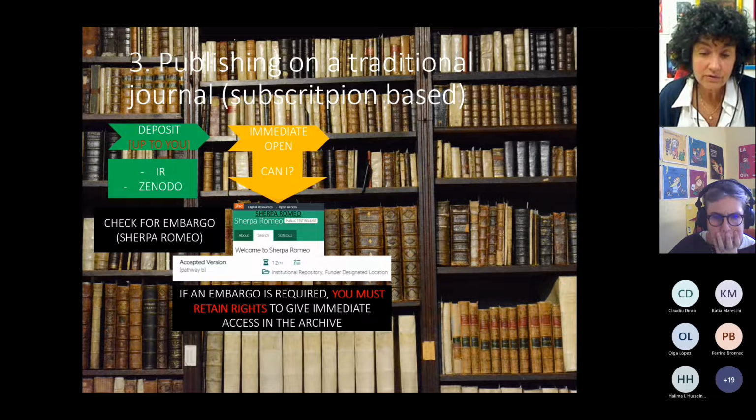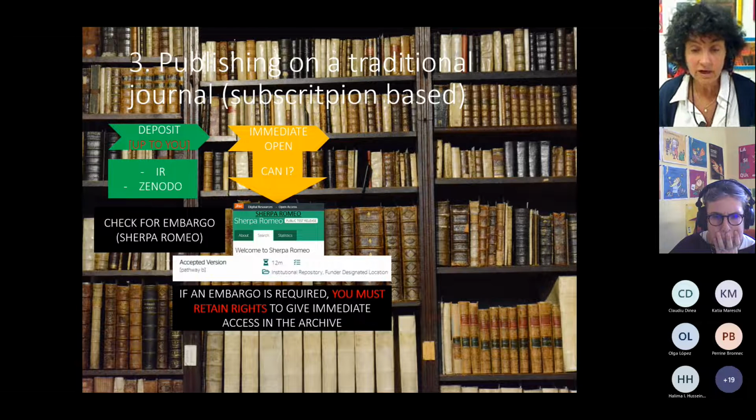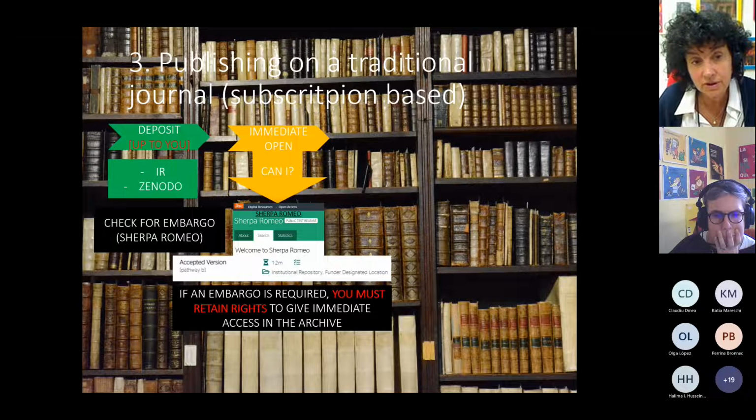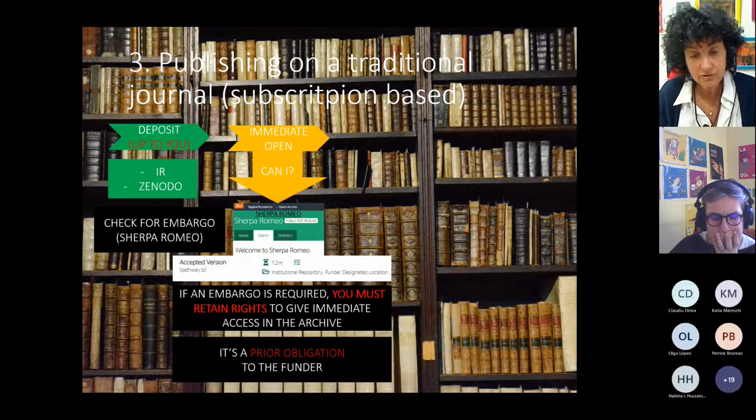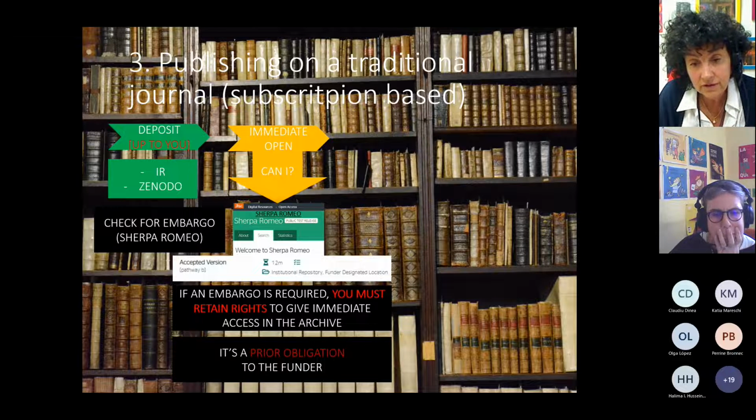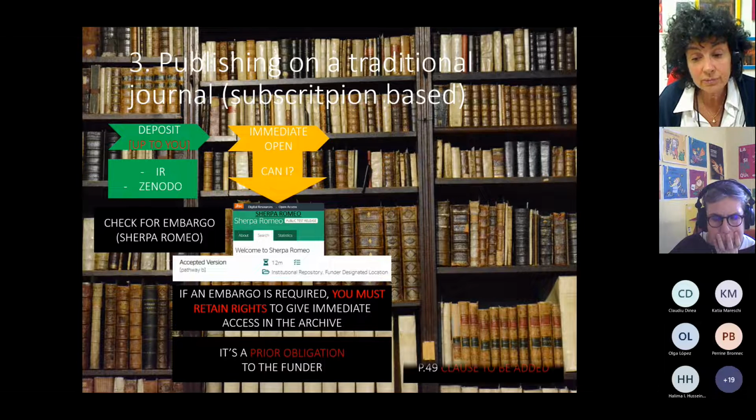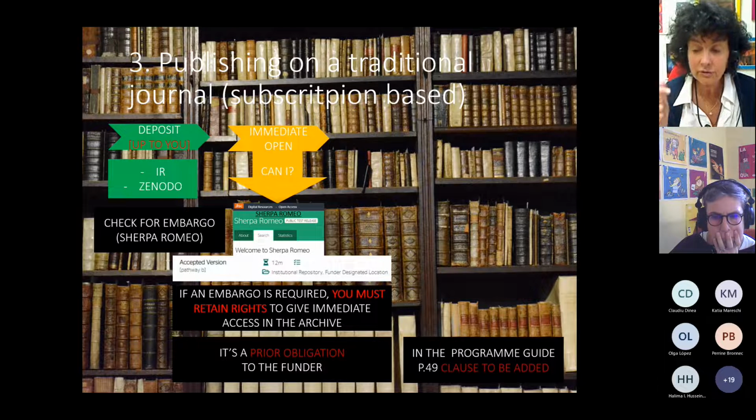So you must retain the rights to give immediate access in the archive in which you are depositing your paper, okay? It's a prior obligation to the funder, as we discussed earlier. So you have to add the clause that we read before into your agreement with the publisher, okay?